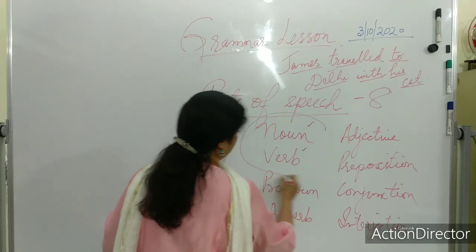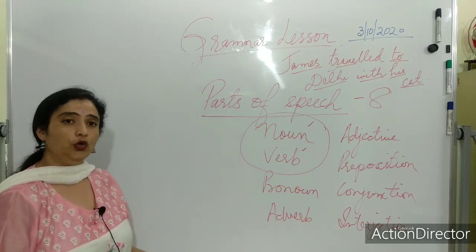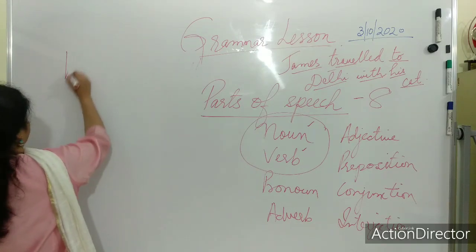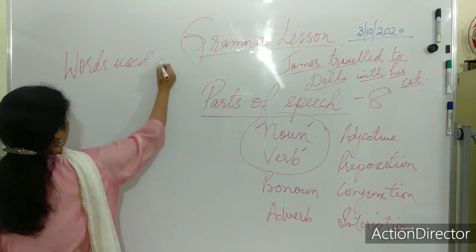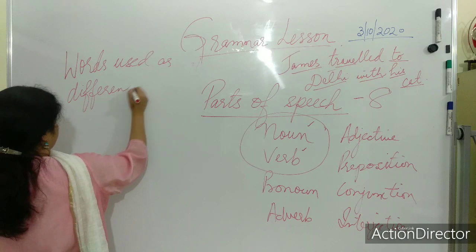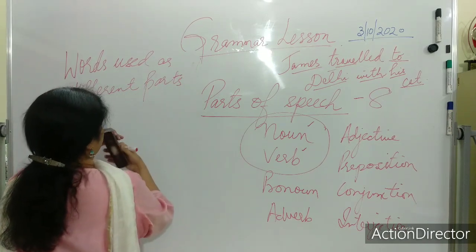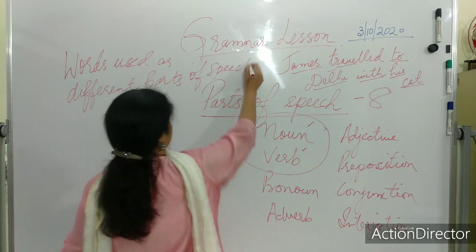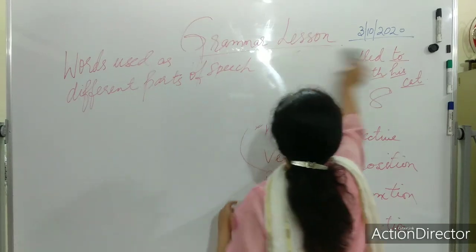Now, as far as students of BA second year, core compulsory English are concerned, you have a grammar lesson in your course, and that says what? Words used as different parts of speech. Now, why has this been given to you?